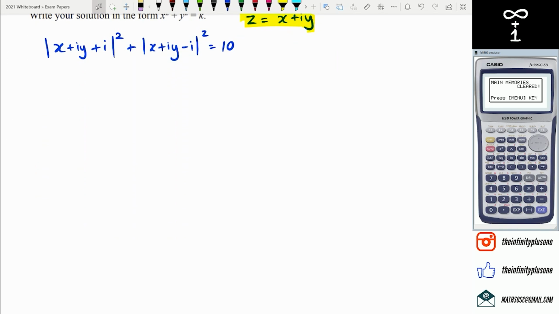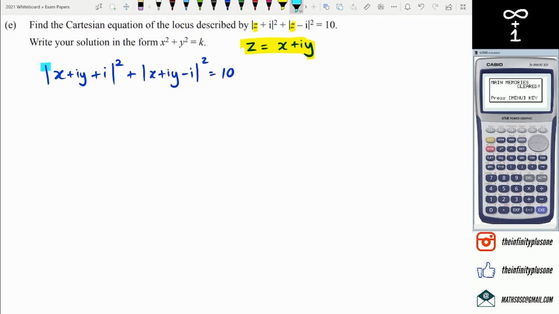Because I'm just looking at the modulus, I need to be a bit more specific. I know that the modulus is the square root of the real part squared plus the imaginary part squared. The real part in this case is x, and the imaginary part is y plus 1. I'll explain how I got that.